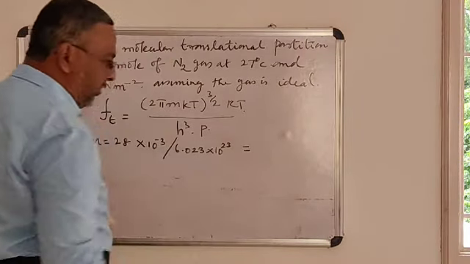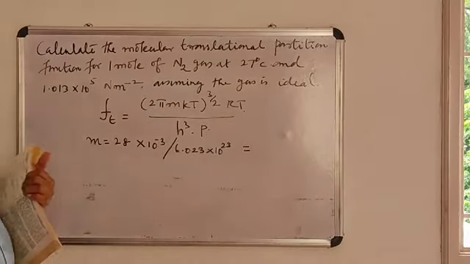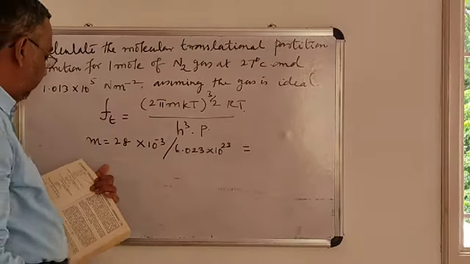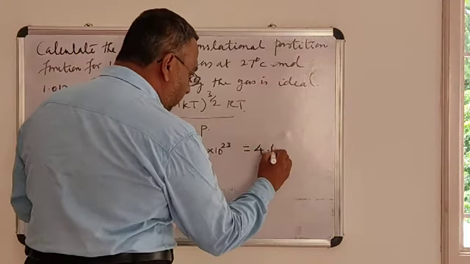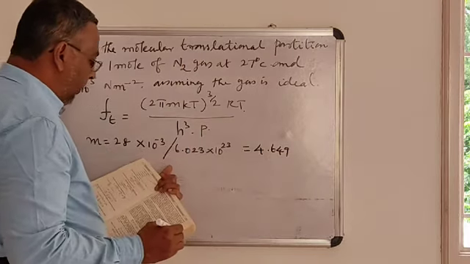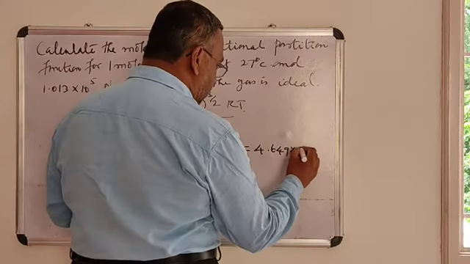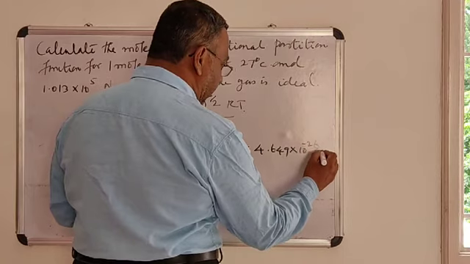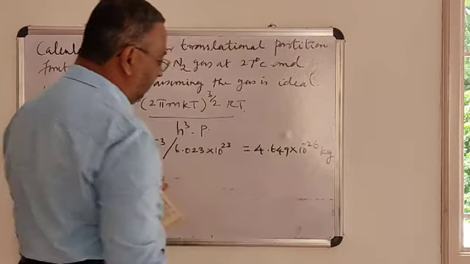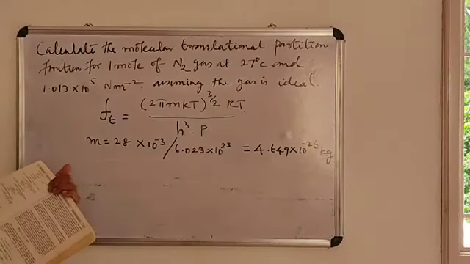We have to convert it into the MKS system, that is kilogram. This value will become 4.649 into 10 to the power of minus 26 kilogram. This is the mass.